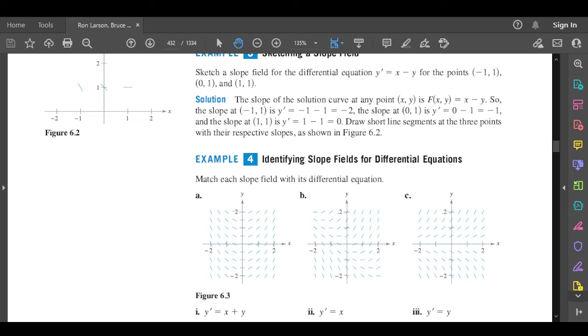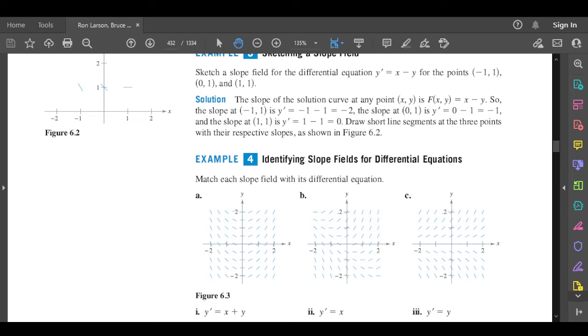This represents this differential equation y prime equals x because, for example, in this point here, I think this is 0, 1. So at 0, 1, kung ato na i-substitute ang 0, 1 diri, ang x which is equal to 0.